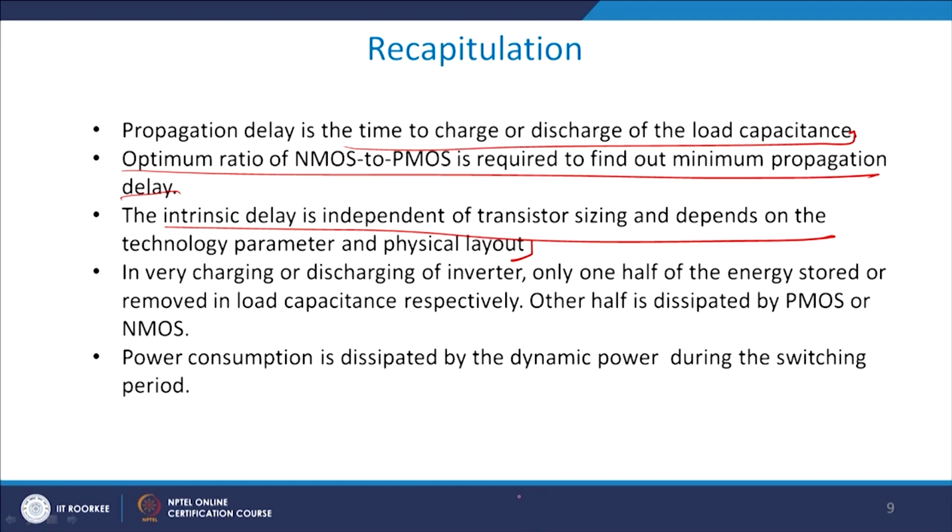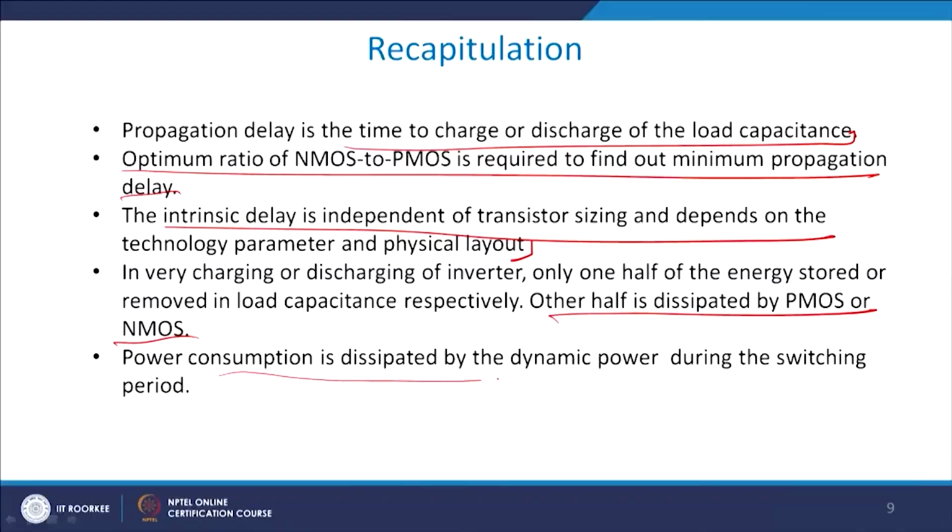Now, in every charging and discharging, as we saw, the inverter loses only half of the energy stored is removed to the load capacitor, the other half is dissipated by PMOS or NMOS, right. I think this is clear. So, in a single cycle, half CL VDD square is the total energy I take, half I dissipate to the ground and half of it is dissipated through the PMOS and NMOS sink.